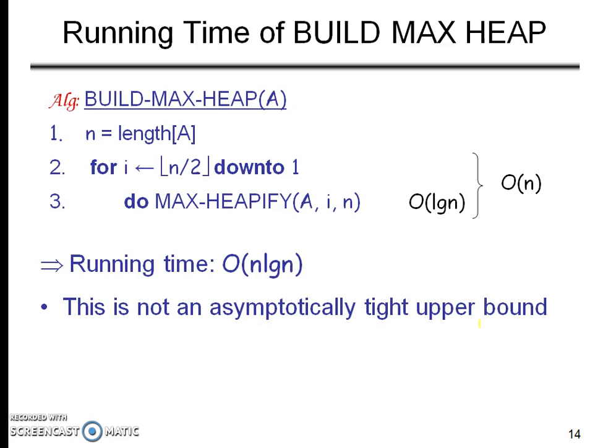Now this is utilized in heap sort. First we need to build a maximum heap by heapifying n by 2 nodes. Each heapify takes log n time, and this is performed n times, so the running time is n log n.